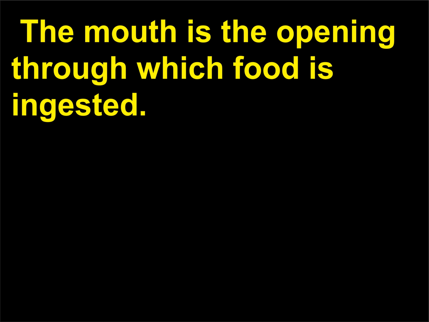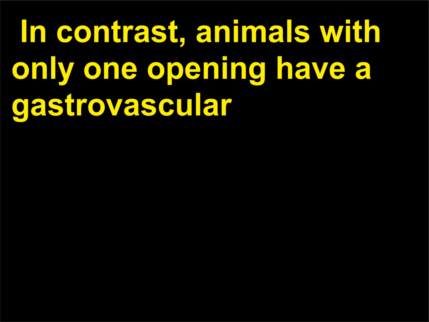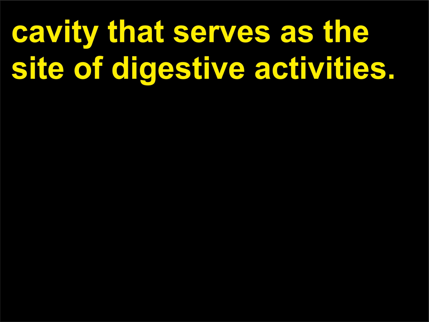The mouth is the opening through which food is ingested. In animals with a second opening for elimination, the digestive system contains an alimentary canal, a tube allowing for the passage of food from the mouth to the anus. In contrast, animals with only one opening have a gastrovascular cavity that serves as the site of digestive activities.